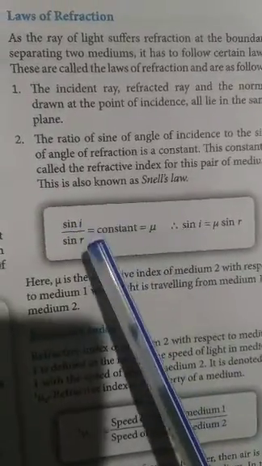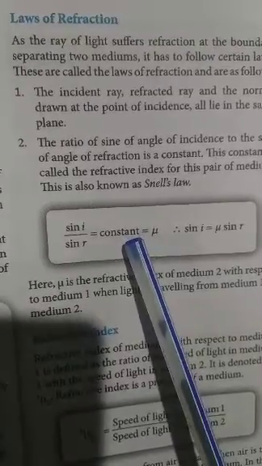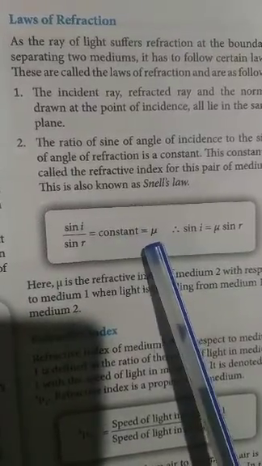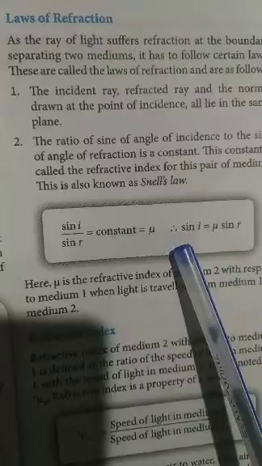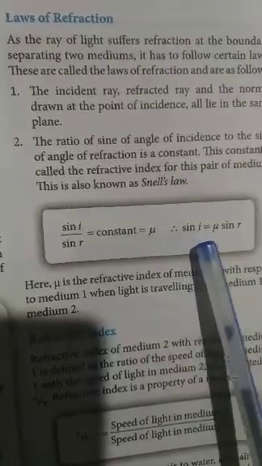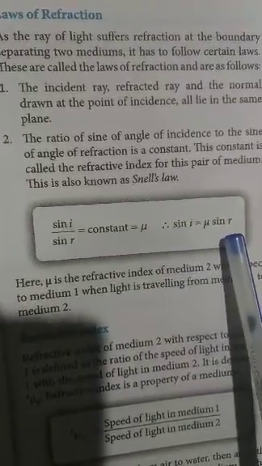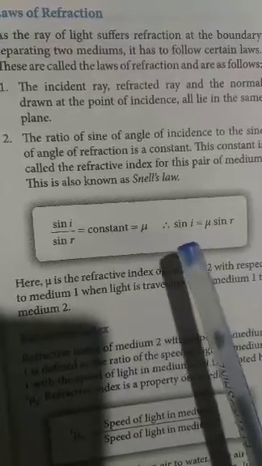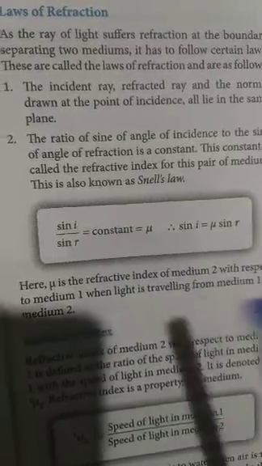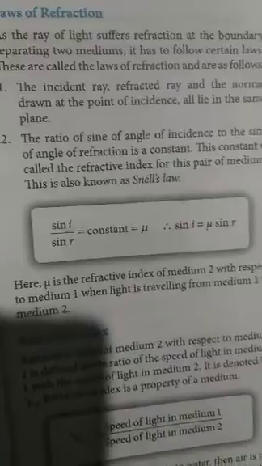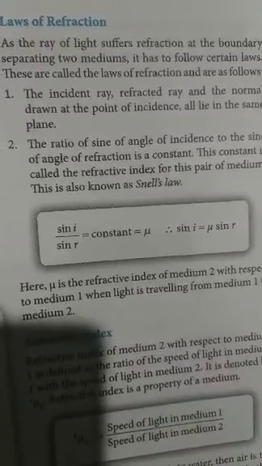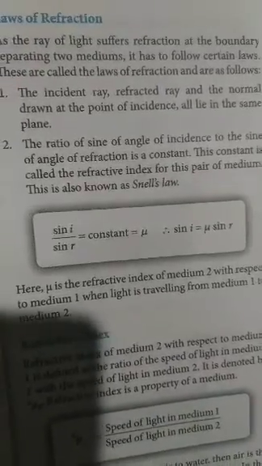So sine i by sine r is equal to constant is equal to mu. Mu is the refractive index. Therefore sine i is equal to mu sine r. Here mu is the refractive index of medium 2 with respect to medium 1 when light travels from medium 1 to medium 2.